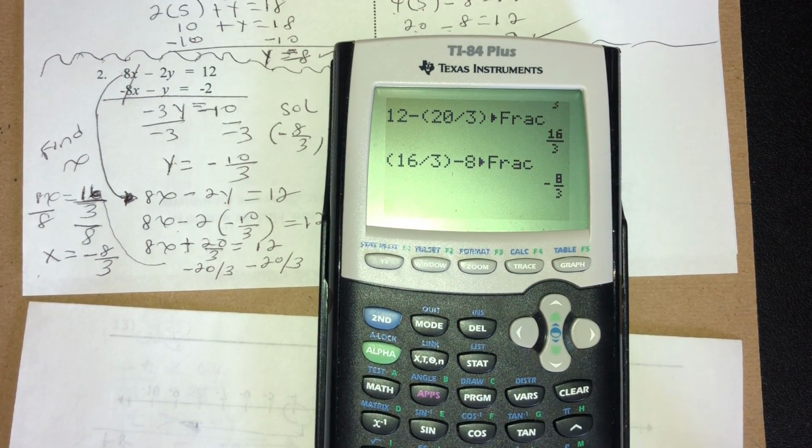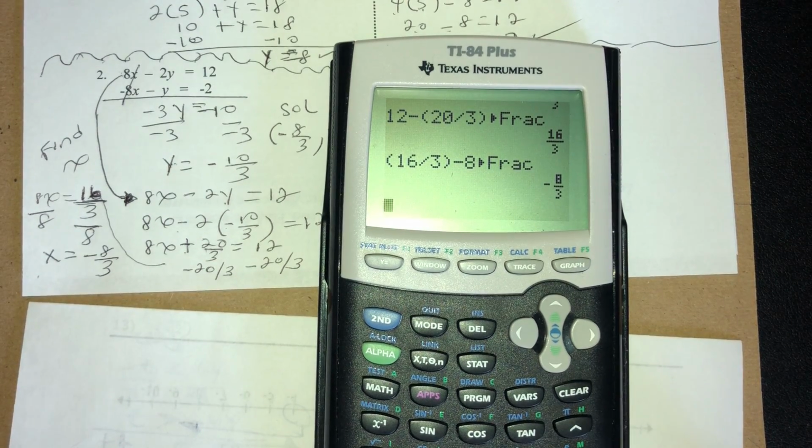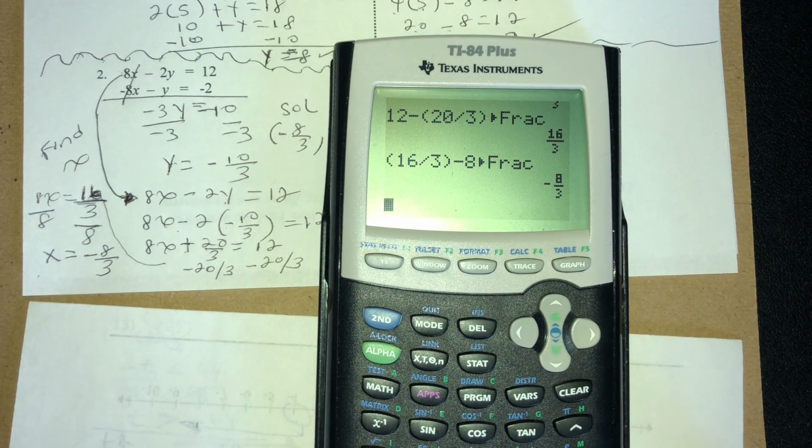Or if you get a fraction, remember, to convert a decimal to fraction, you do math, enter, enter. Muchachos, no tengan miedo si les salen fracciones, porque los decimales los pueden convertir a fracciones. Solo tienen que darle el botón math, enter, enter. All right? So let's move on.